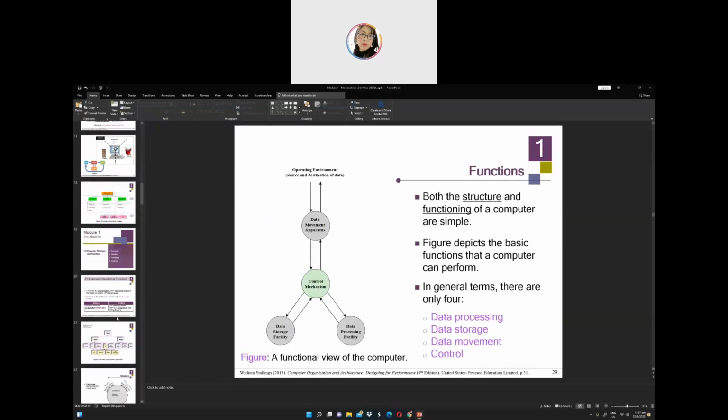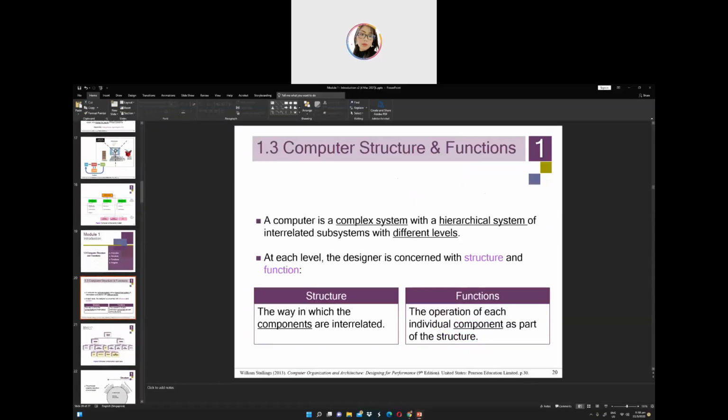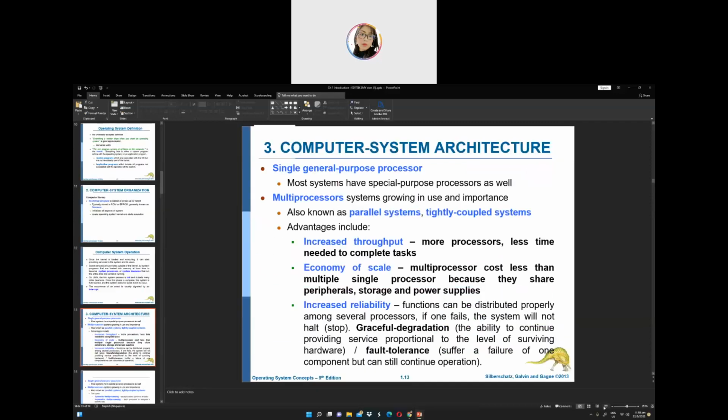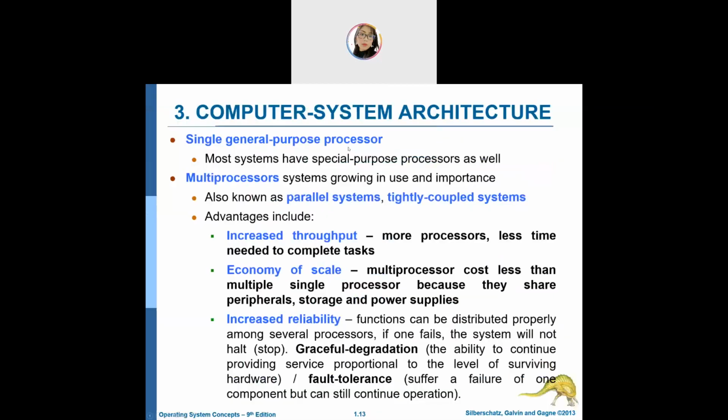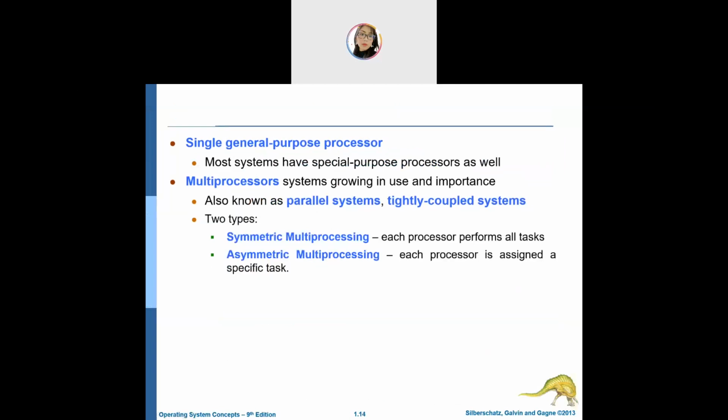So you have a similar thing inside your OS, where you look at single processor and also multiprocessor, similar to what we have learned in COA. And you have symmetric and asymmetric multiprocessing, and most of your computers currently use this. I don't think you are using a single processor anymore.